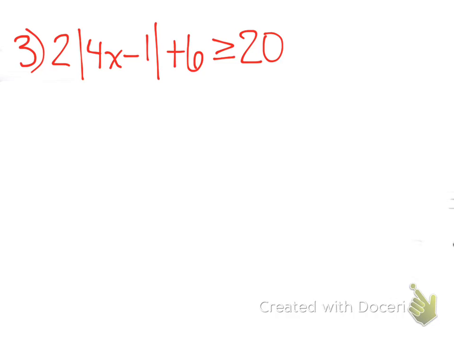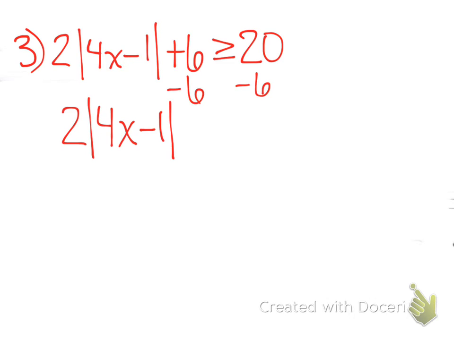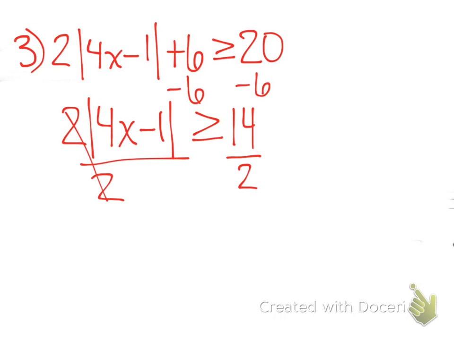Ideas on what we should do first. Anybody new? Or everybody at the same time. Subtract 6 from both sides. I like it. We need the bars to be alone. Can I go ahead and distribute that too? No, we're not going to do that with the bars. So what are we going to do with it instead? Divide by 2. I am writing way too big for this. 4x minus 1 is greater than or equal to 7.